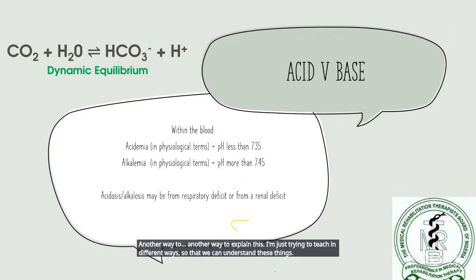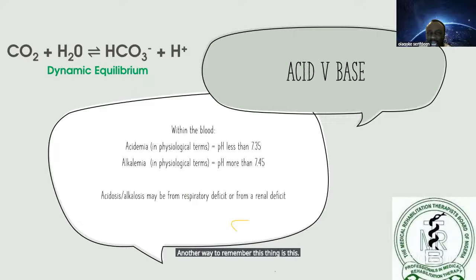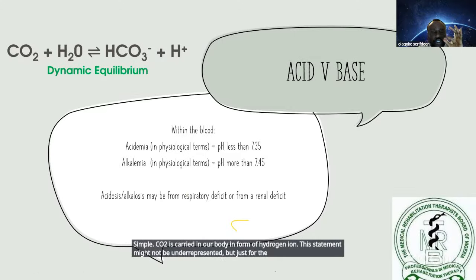Another way to remember this in simple terms: CO2 is carried in our body in the form of hydrogen ion. This statement might not be 100% true, but just for the sake of teaching, believe this, that CO2 is carried in form of hydrogen ion. Meaning, if I have plenty of CO2, what is going to happen to the hydrogen ion?